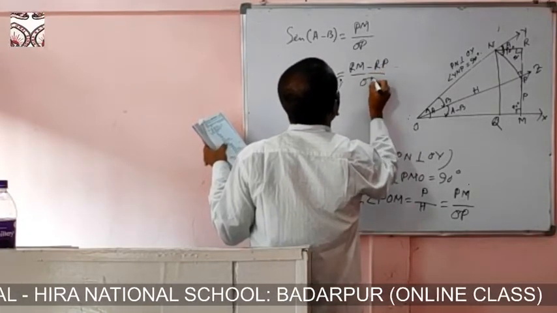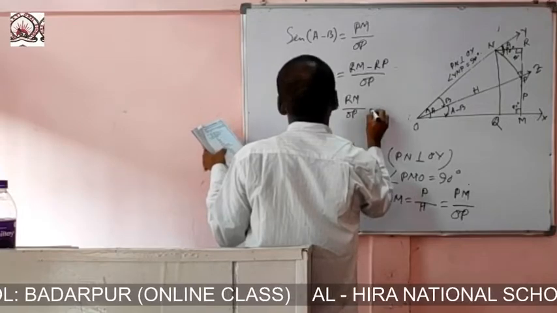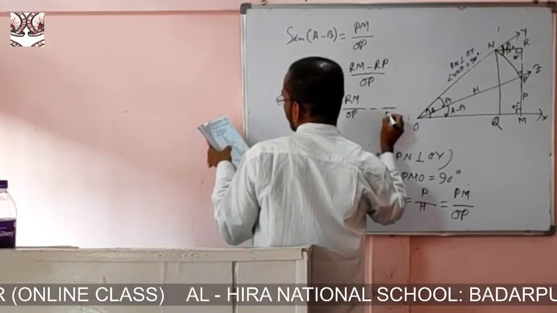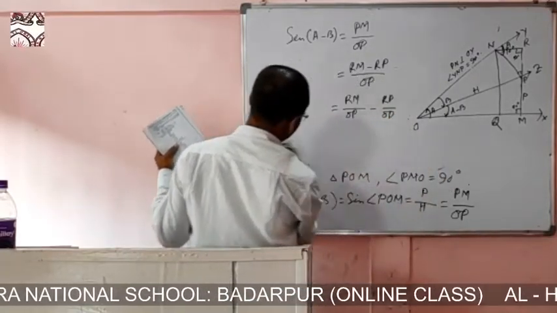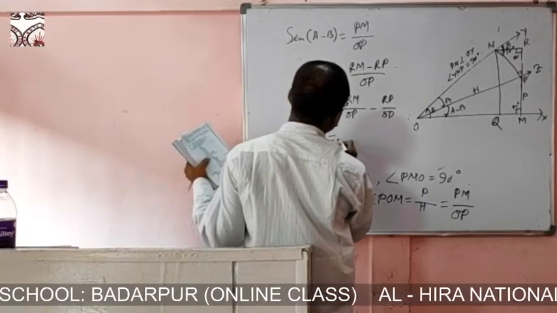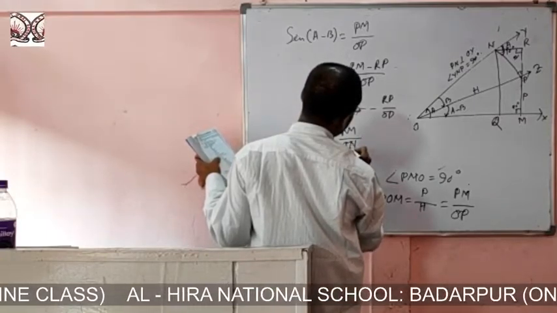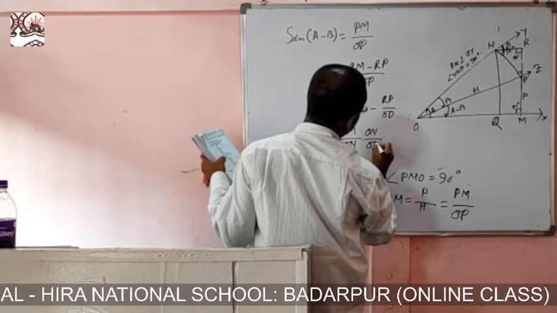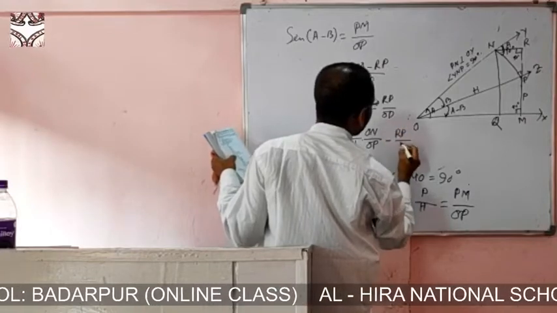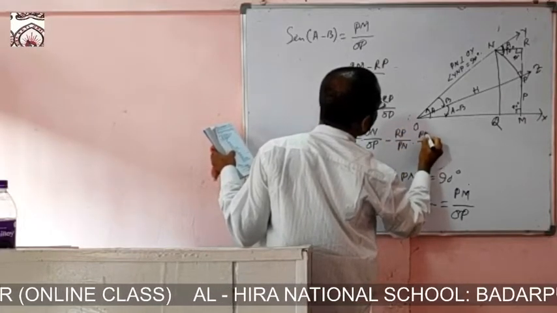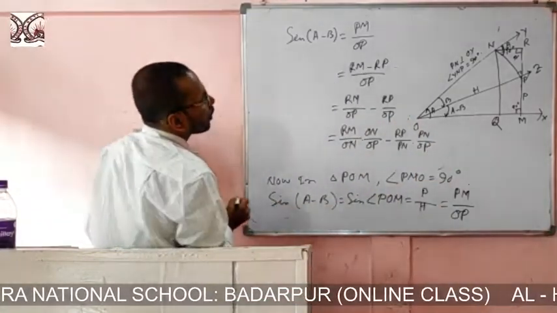So this is written as RM by OP minus RP by OP. For convenience, if we put ON here, then RM by ON into ON by OP, and this one is RP by PN into PN by OP.